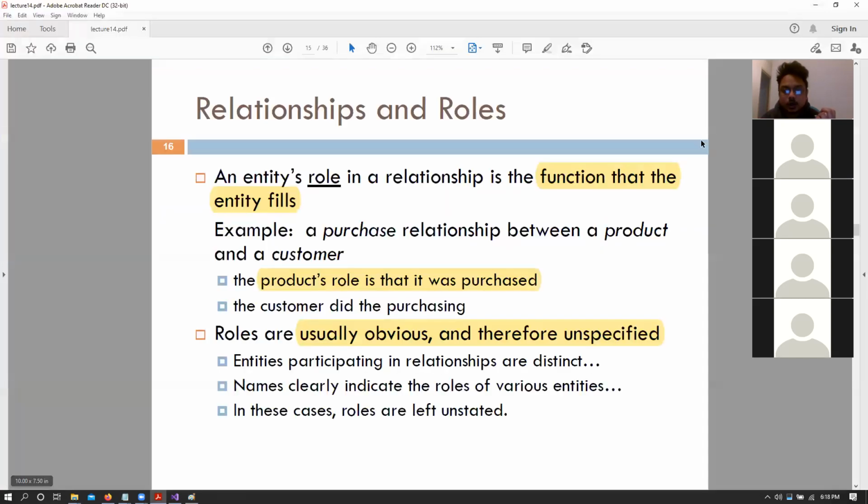But sometimes it is not as obvious. So our product's role is that it was purchased. A customer's role is that they did the purchasing. And more often than not, they are quite obvious as to what that role is. Sometimes these are so obvious that they are not specified, but sometimes they are not as clearly obvious, right?